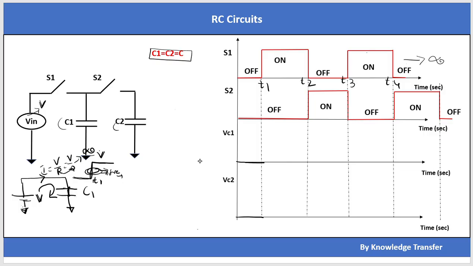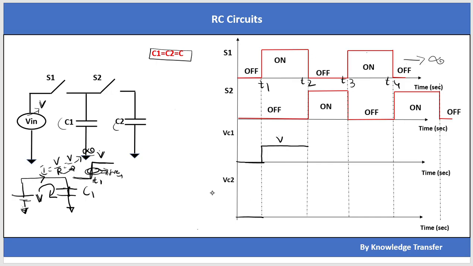That means at t equal to t1, capacitor C1 will suddenly charge to V volt, and that will stay at V volt only, because this is the only circuit that is on from t1 to t2, so Vc1 will be kept at V volt only.